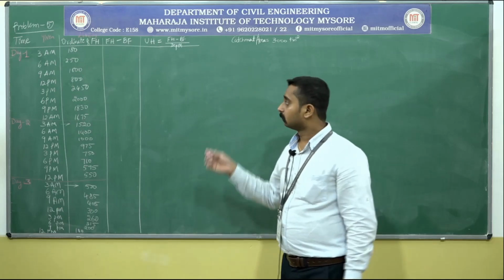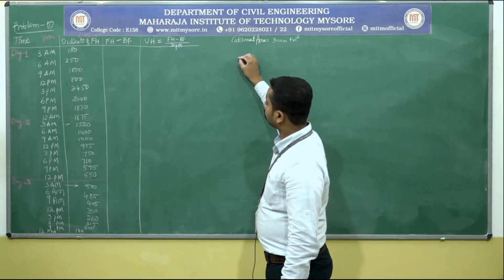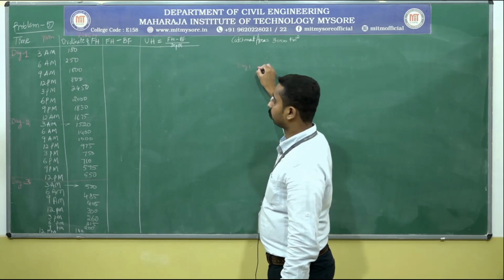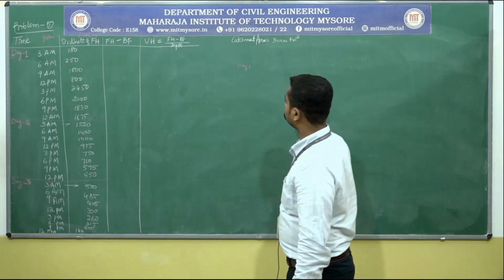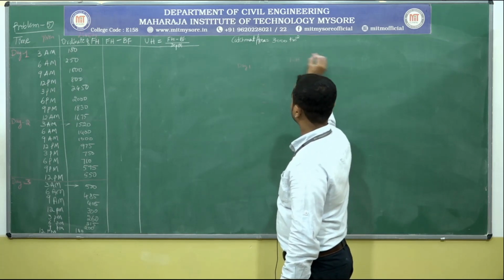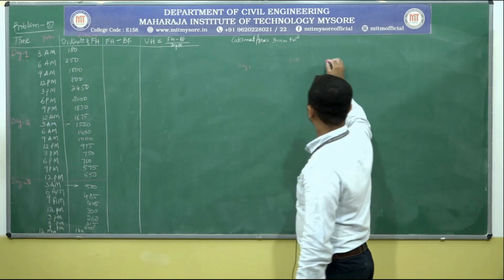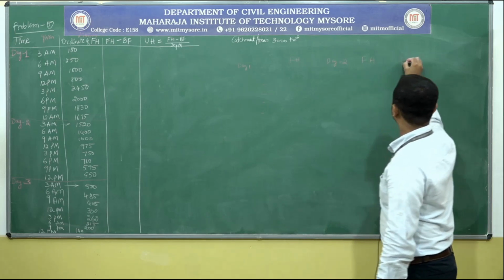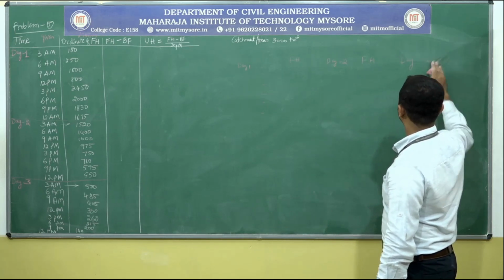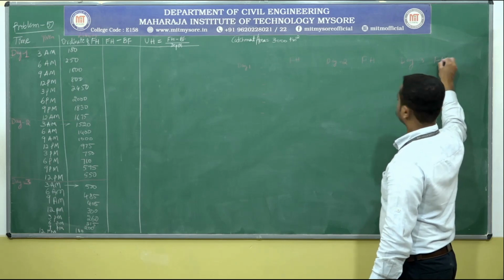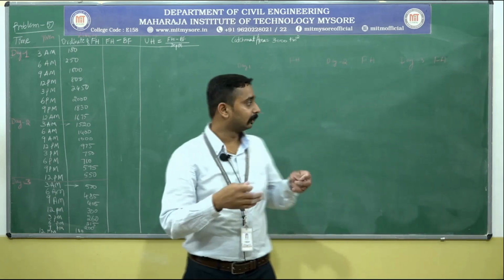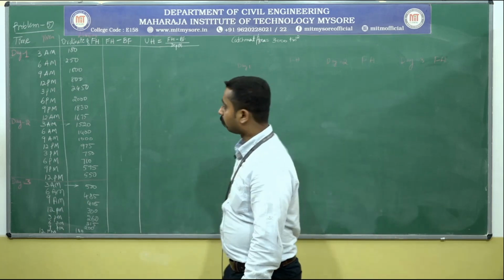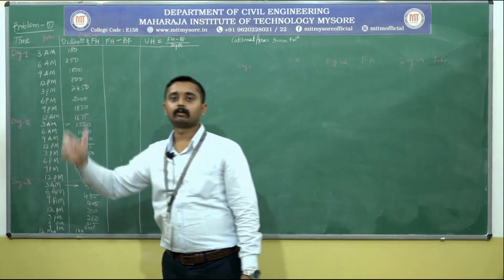Sometimes in the examination they can give day 1 values and corresponding flood hydrograph values, next day 2 values, day 3 values. If they are given in separate format, just combine all the data one by one.